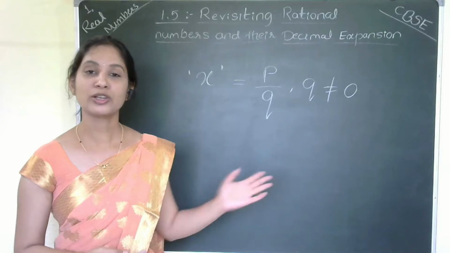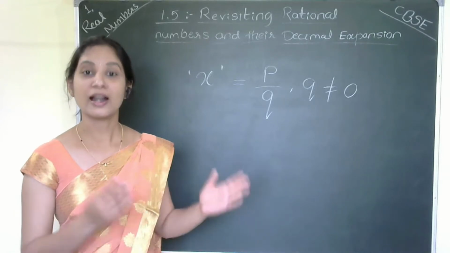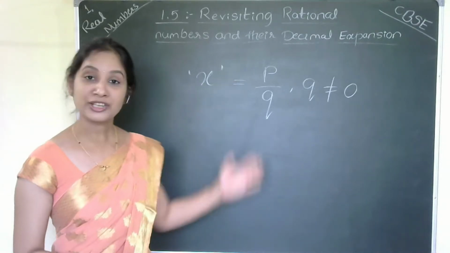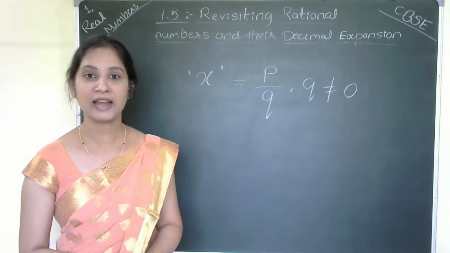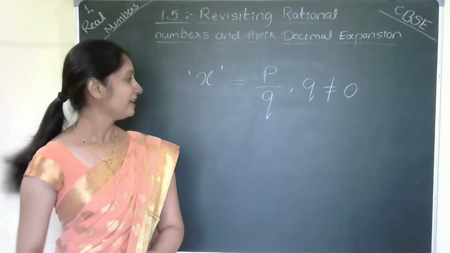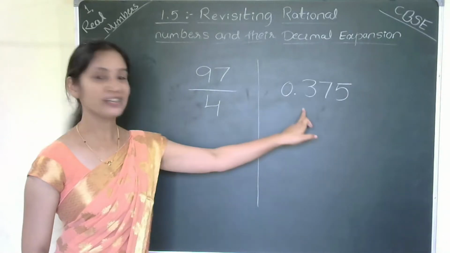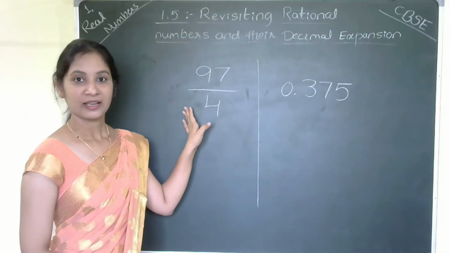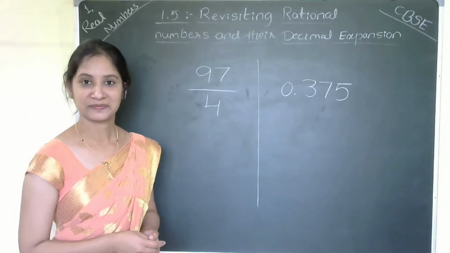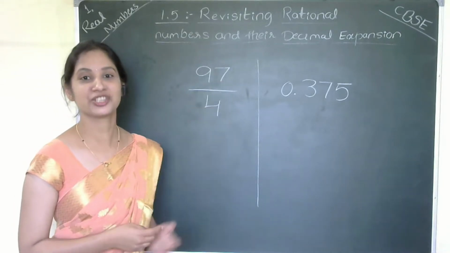Let us take one or two examples to understand better what the fractional form of a rational number is and what their decimal expansion is. Here I have taken two different examples. You are observing the first example. In which form is it? Yes, it is in fraction form.